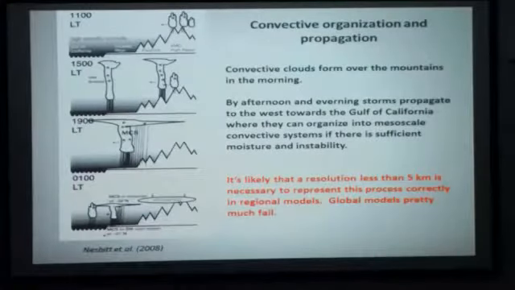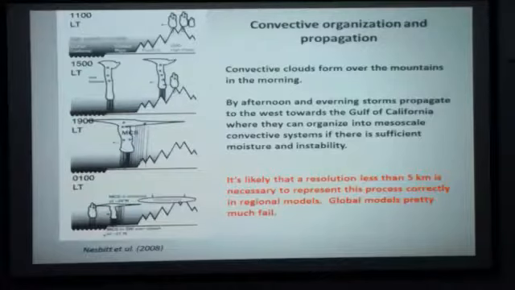So with all of the right conditions, thermodynamically and dynamically, we can get convective organization and propagation. This was well described in a paper by Steve Nesbitt that came out of the North American Monsoon Experiment back in 2008.